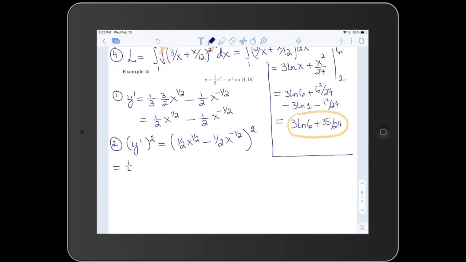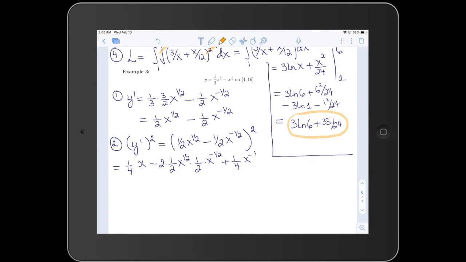So this would be 1/4 x, right? x^(1/2) squared, that would be just x, minus double their product. Let's see what we get over here. And then plus 1/4 x^(-1/2) squared. That's also going to be x to the negative first power.